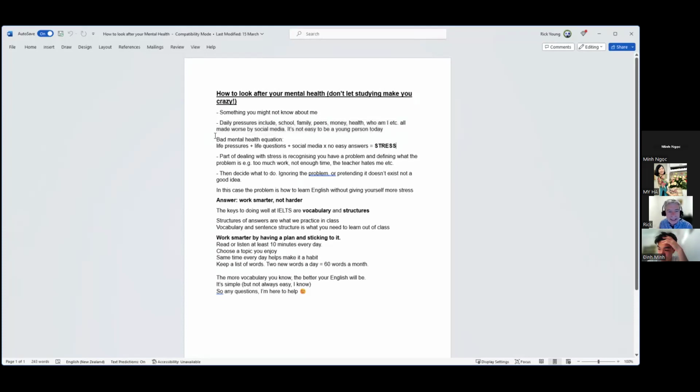So I've got here what I call a bad mental health equation. All right. So if you have pressure in your life and you have questions about things in general, such as questions about your future, questions about what is going to happen to the world, you see things on social media maybe that upset you or make you feel unhappy.